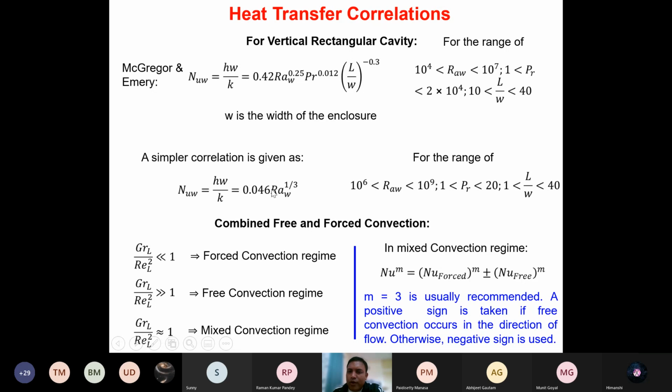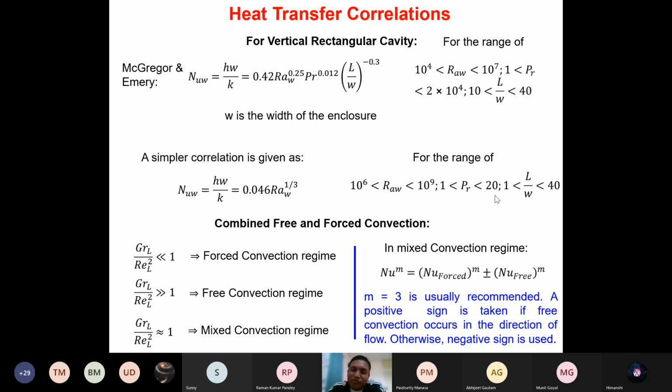This equation is valid when Rayleigh number is between 10 raised to the power 6 and 10 raised to the power 9, Prandtl number is between 1 and 20, and L by W is between 1 and 40. So these are the different correlations used for calculating the heat transfer coefficient when we are looking at natural convection.